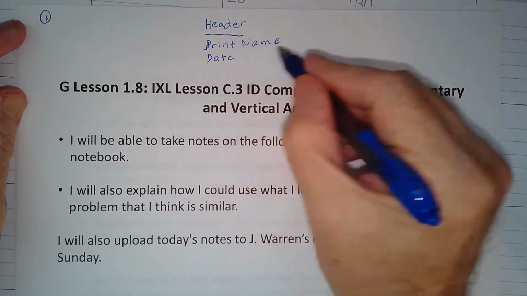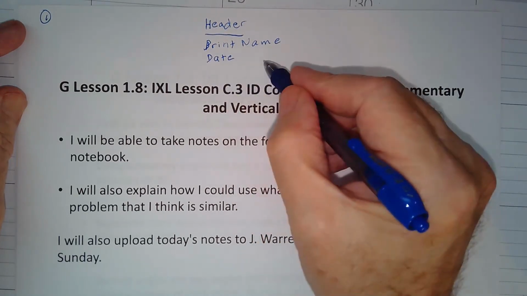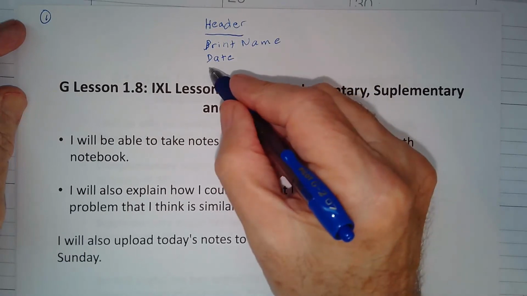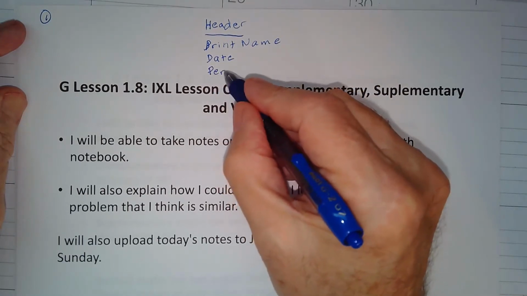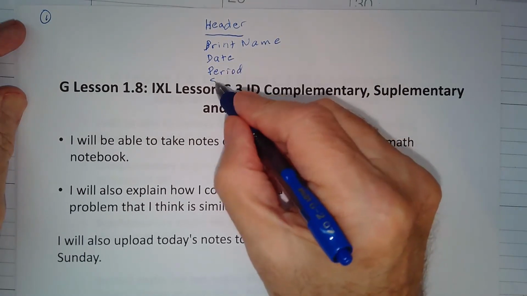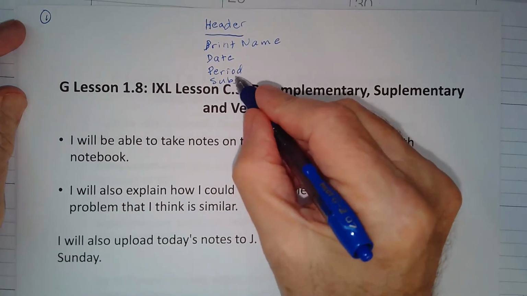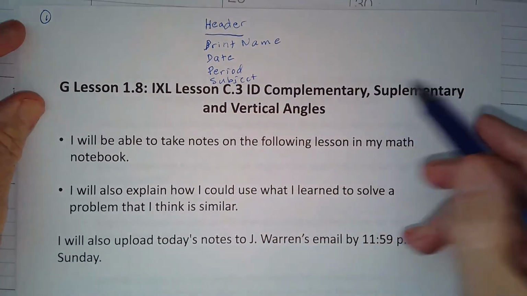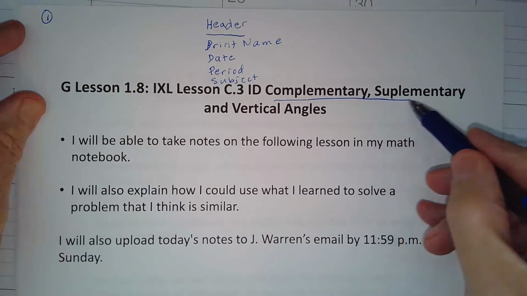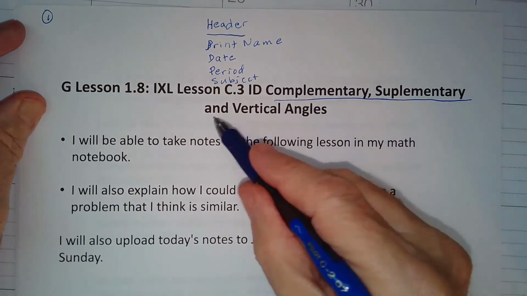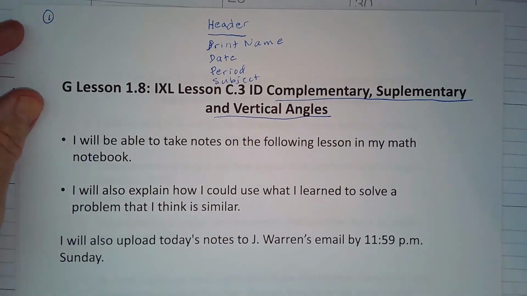Make sure your name, by the way, is first and last. It's printed, and it's legible. The date, the period, and then the subject. And of course the subject is what you see right here, complementary, supplementary, and vertical angles.